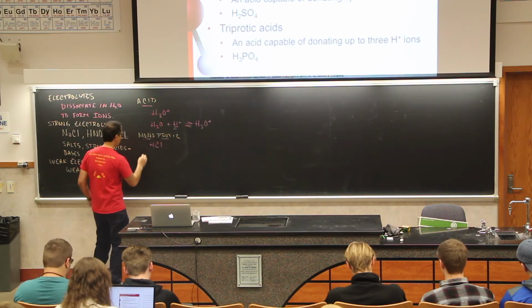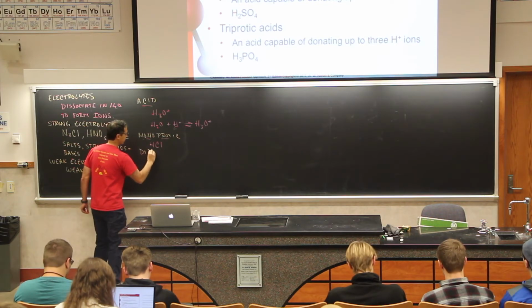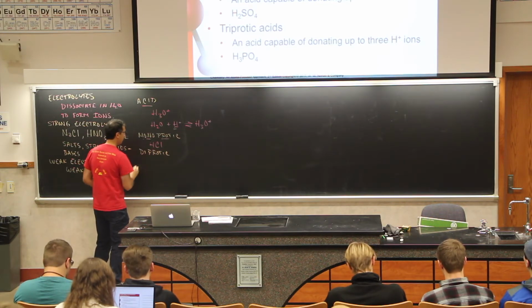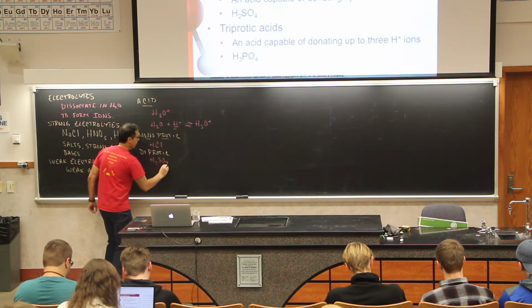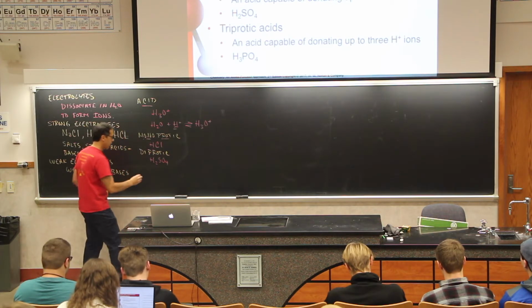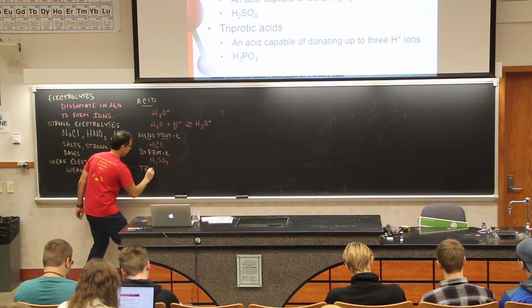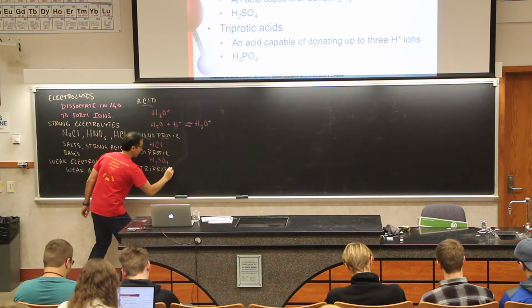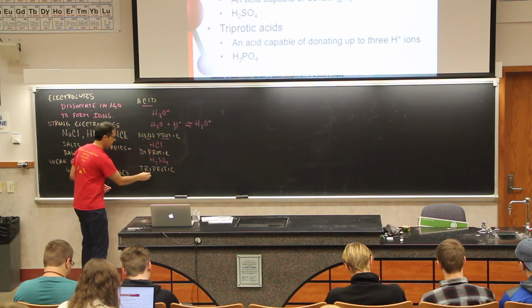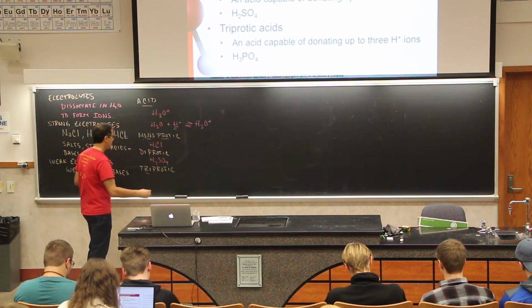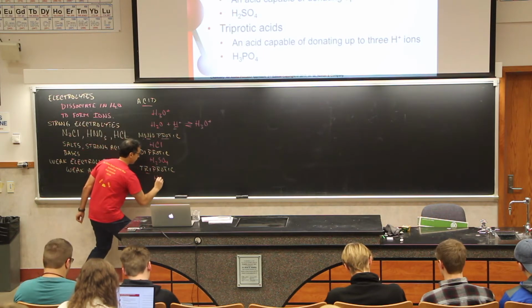And then diprotic means two protons. This would be an acid like sulfuric acid, H2SO4. And then triprotic would be, as you imagine, three protons, and an example of this might be phosphoric acid.